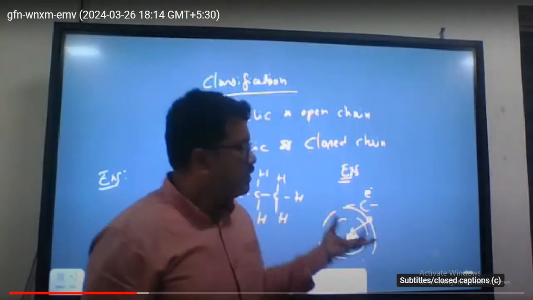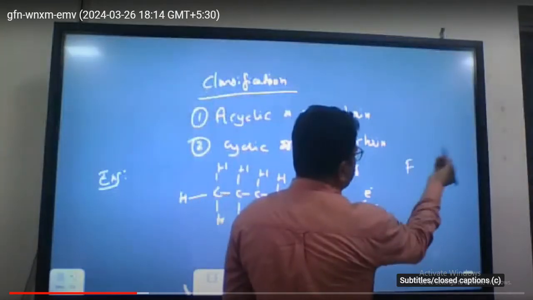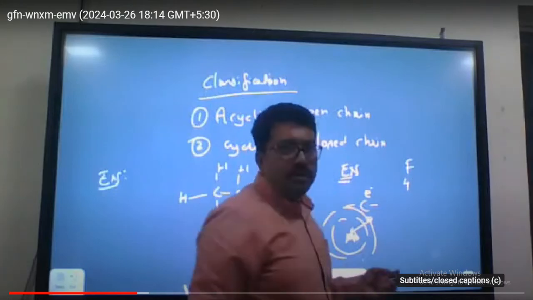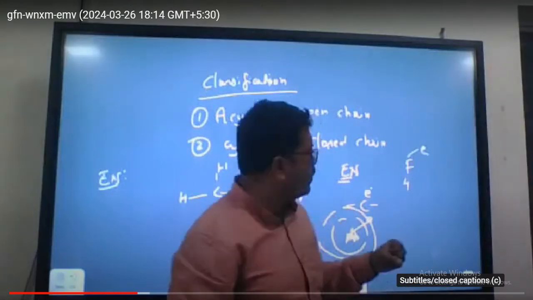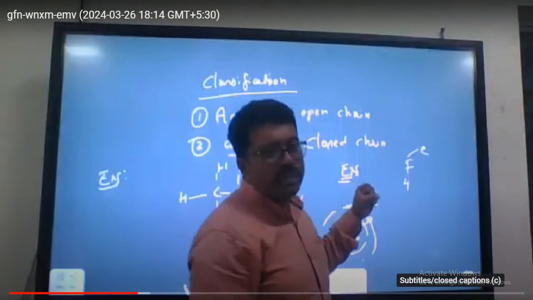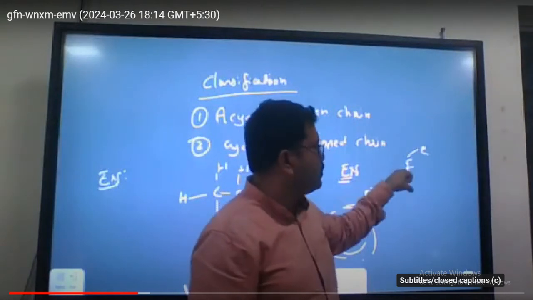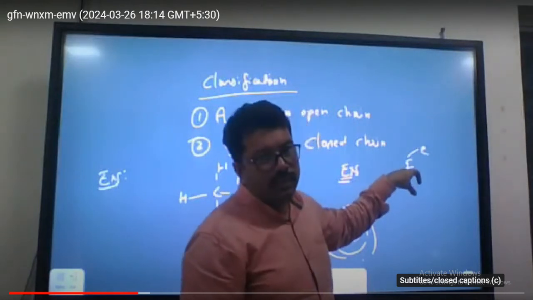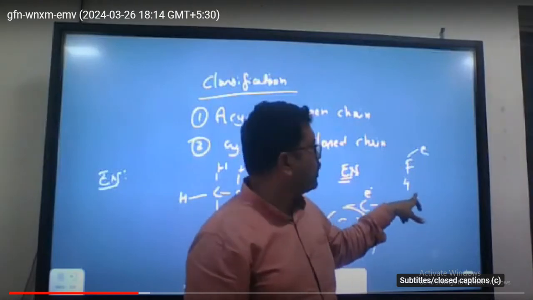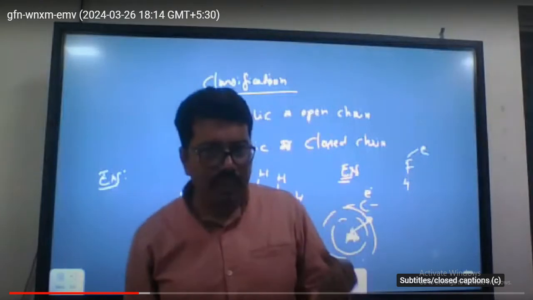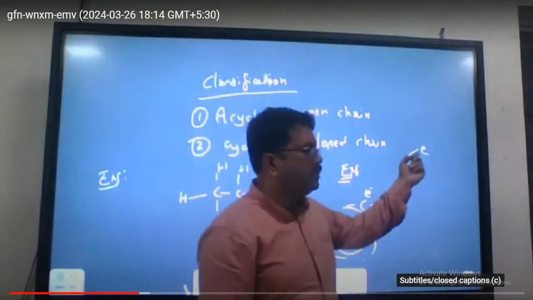Oxygen and chlorine, for example, have high electronegativity, so they won't donate electrons easily. They pull electrons towards the nucleus. That's why the electronegativity of fluorine is 4. So electronegativity means the capacity to hold electrons.